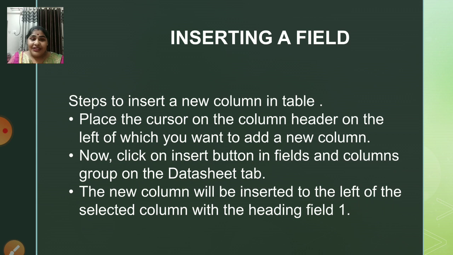Once you click that, the new column will be inserted to the left of the selected column. So wherever you want to place, you have to go one field ahead and then click on that. Whenever you insert the column, it will appear to the left of the selected column.